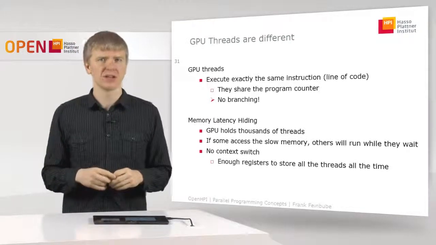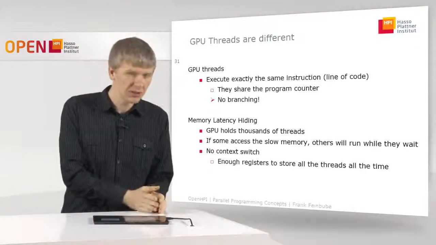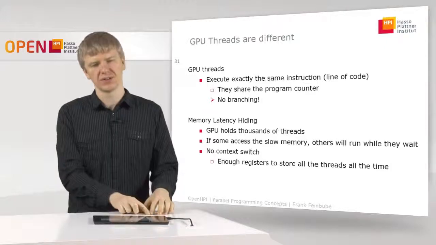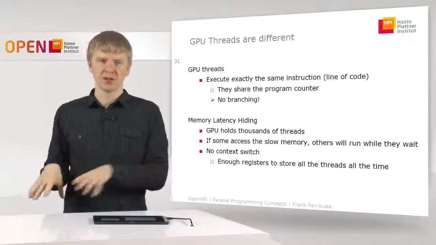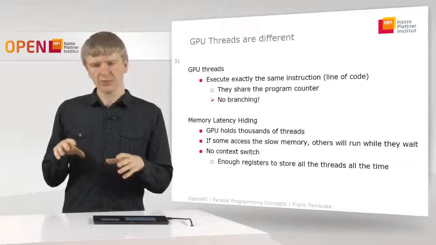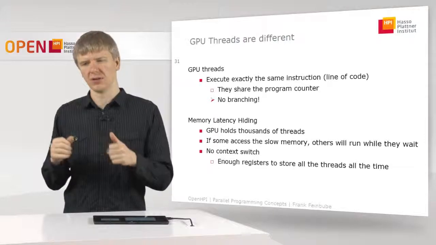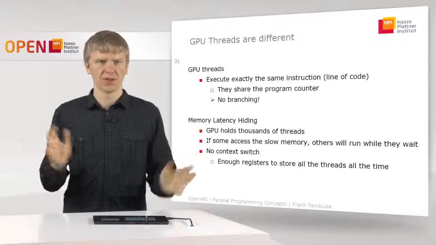And GPUs allow this because they don't implement a context switch like a CPU is doing it currently, where we had to store the whole state of the CPU and then load a new state for the new thread. And we have to save all the registers, and we have to save the caches and something.